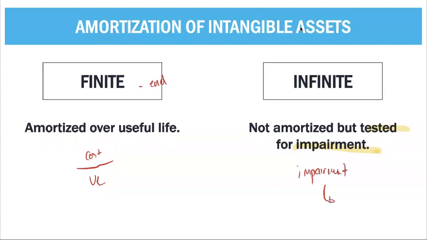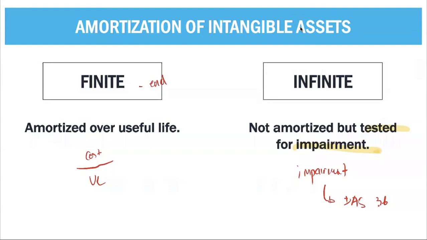What is the impairment test under intangible asset? We still have PAS 36. Why? Because under intangible asset, it does not provide for a specific type of impairment. Therefore, we use now the general type of impairment of assets, that is PAS 36.